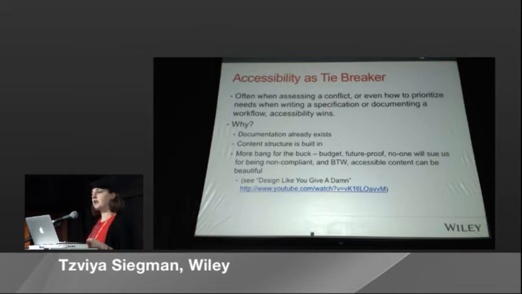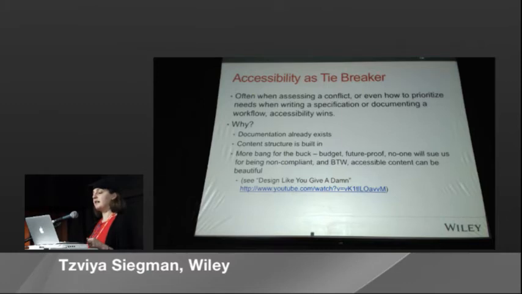And that often works because the documentation already exists. It has the built-in content structure, and you won't get sued if you use something in an accessible way. But also, it's future-proof. And something that there's a large misconception about, people often think that if they make their content accessible, it's going to be ugly.